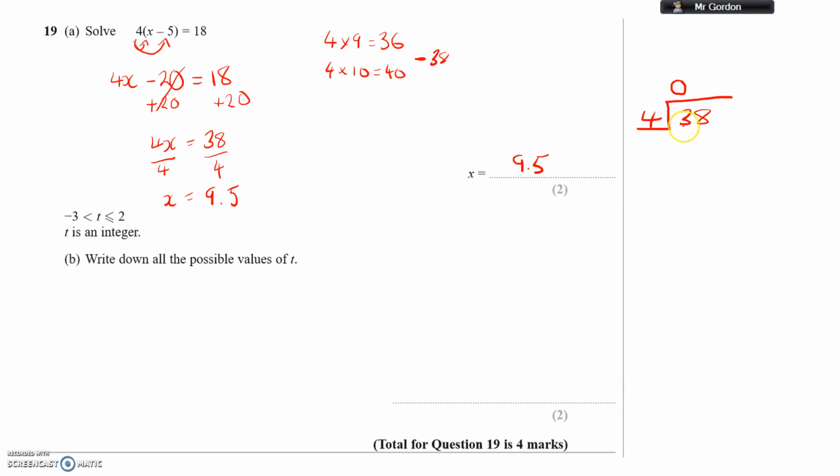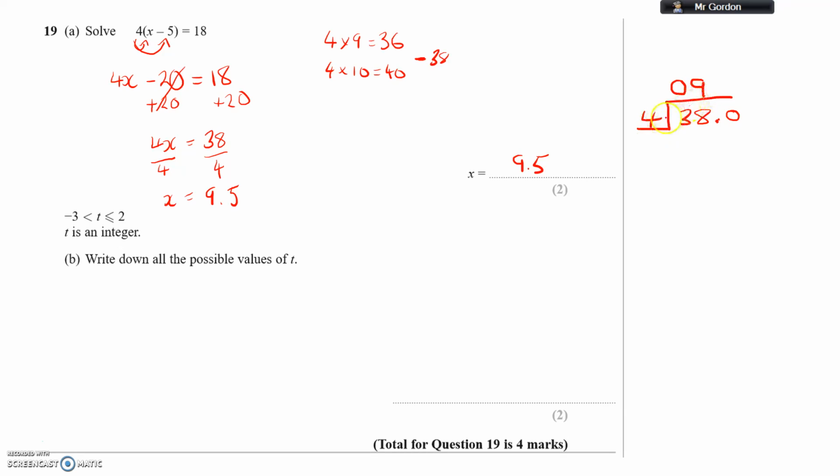And you say, right, 4's into 38, well I just said that goes in 9 times, because that's 36. So it goes in 9 times, but it only gets you to 36, and we're trying to get to 38. So there's a bit left over, there's a remainder. So you have to put in some more numbers to divide into. So 38.0 is still 38, isn't it? But we can pass our remainder over to the 0.